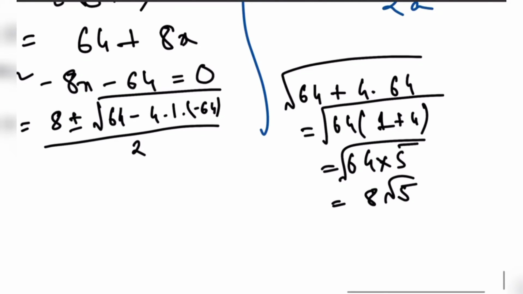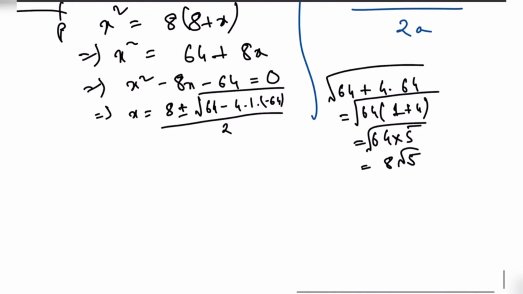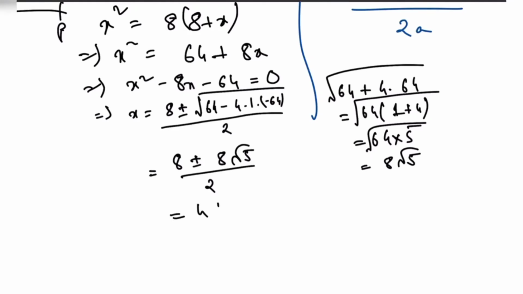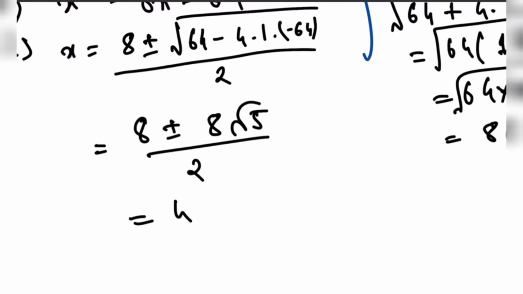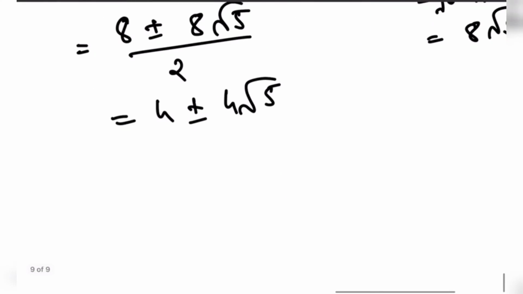So we'll use this here, 8 plus minus 8 root 5 divided by 2, which is nothing but 4 plus minus 4 root 5. That is 4 times 1 plus minus root 5.